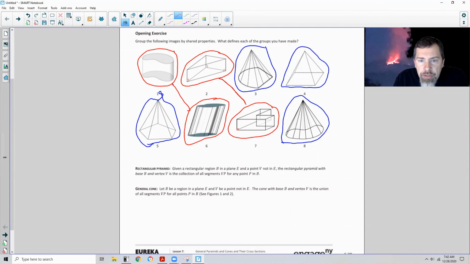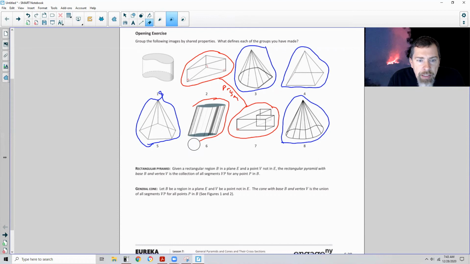One's a triangle and one is kind of rectangular. Okay, so these are prisms. So I'm going to call those prisms. Then let's narrow this down even further.